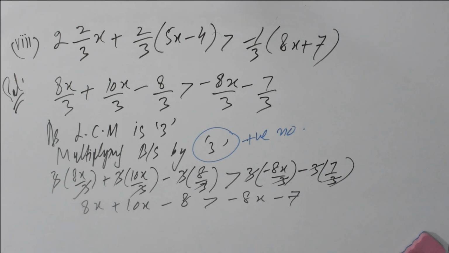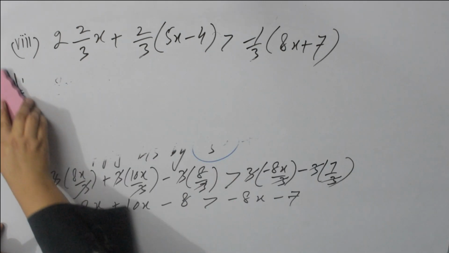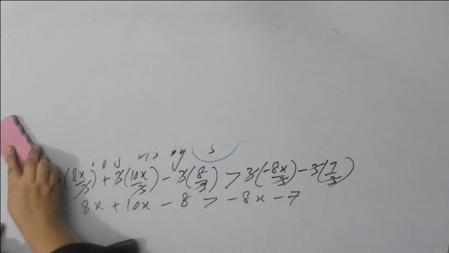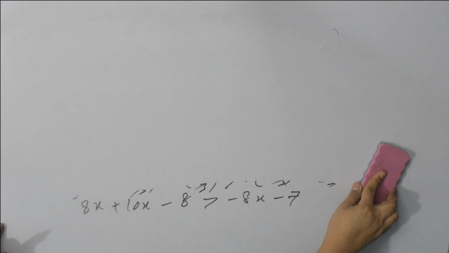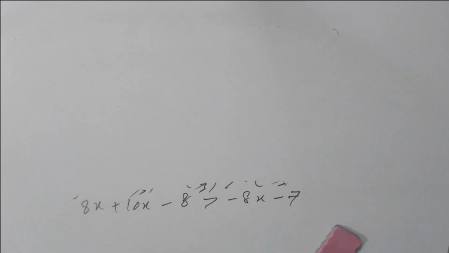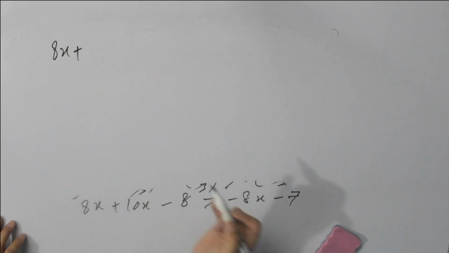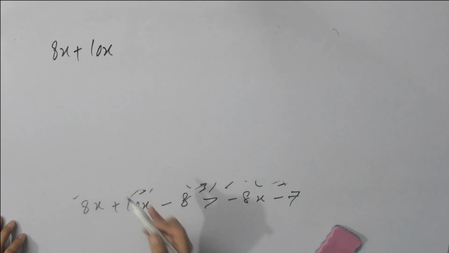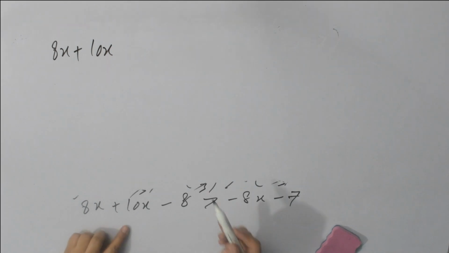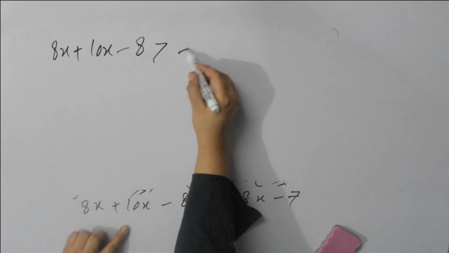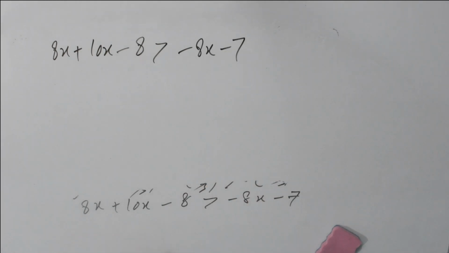I will write this above. Okay, what is my left side? 8x plus 10x and minus 8 is greater than minus 7.